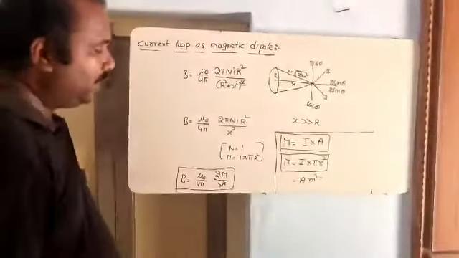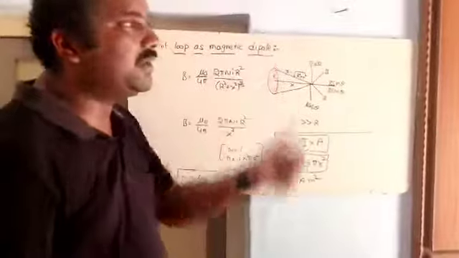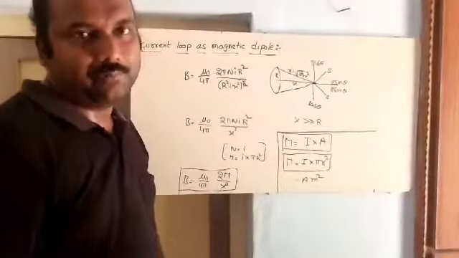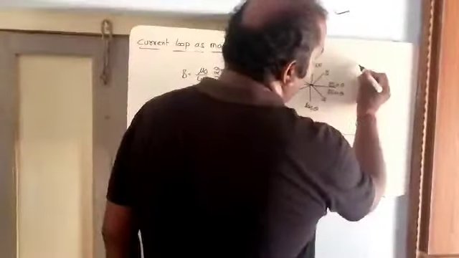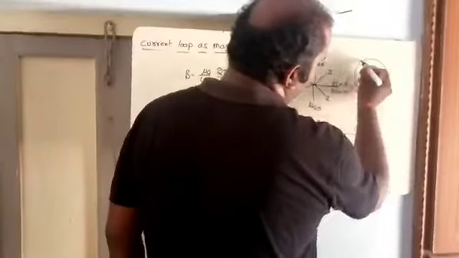So this circular loop behaves like a magnetic dipole. Then how can you know the direction? If you are observing the loop and the current is passing in the clockwise direction, then that face behaves like a south pole.